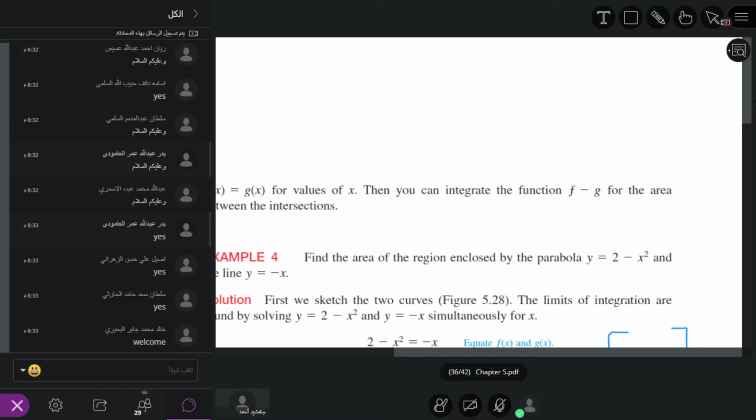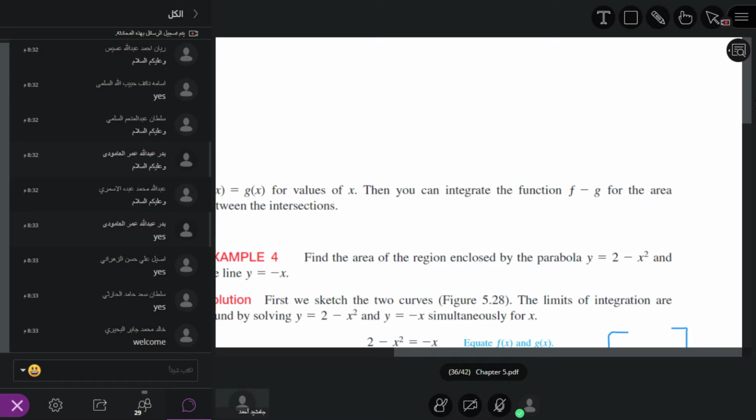Whenever we put 1, it becomes 1, but this becomes minus 1. Also we put here 2, so it becomes minus 2, and this is also minus 2.